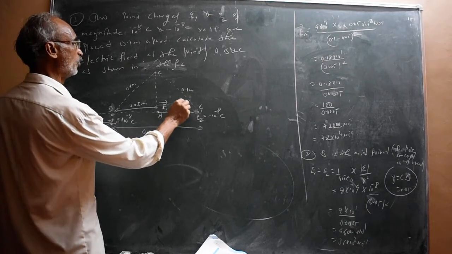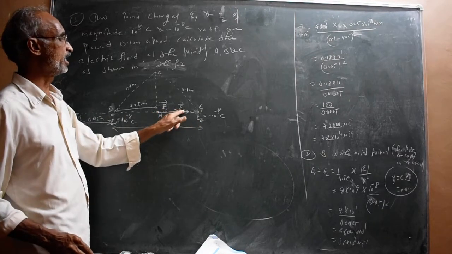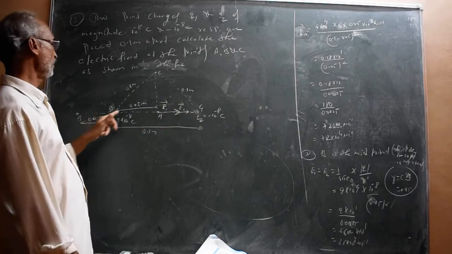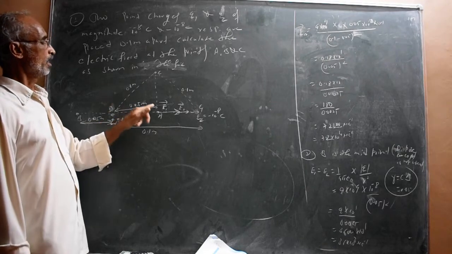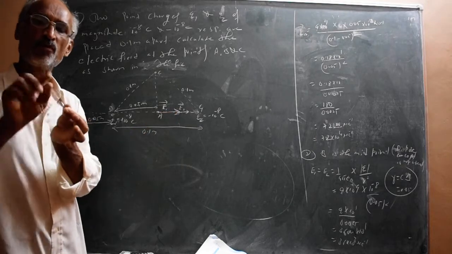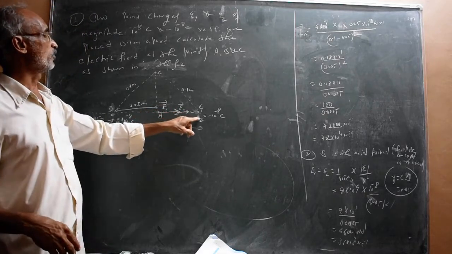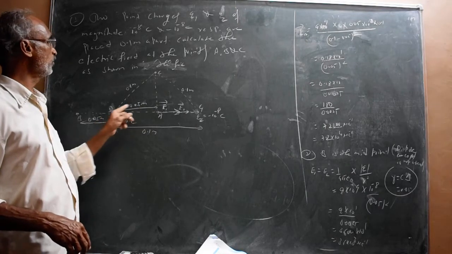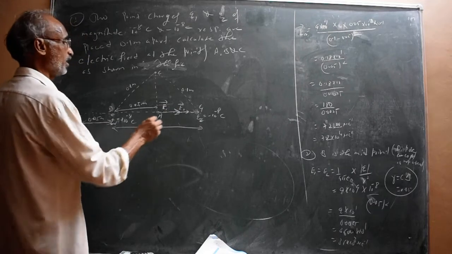If the charge is positive, the field is radially outwards. If the charge is negative, the field is radially inwards. Therefore Q2 is negative, the field is towards the charge, and Q1 is positive, so the field is radially outwards. Means both E1 and E2 are in the same direction.